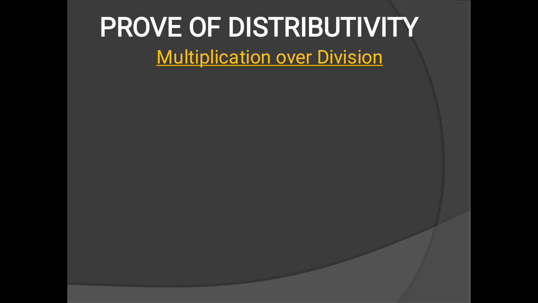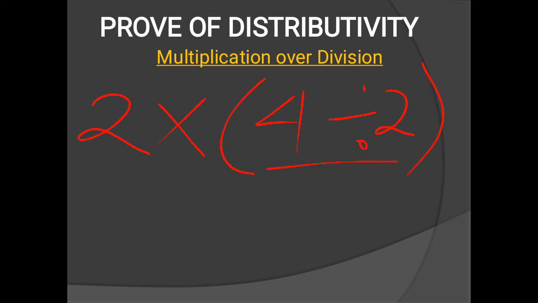So let's see multiplication over division. 2 times (4 divided by 2). 4 divided by 2 is 2, and 2 times 2 is 4. So that gives us 4.